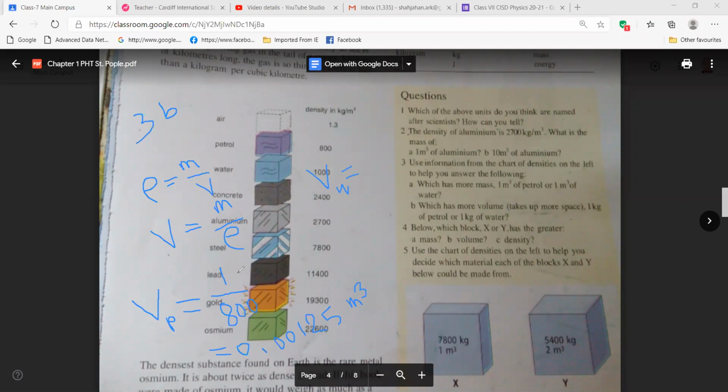Now we have the same equation for water. That is giving us 1 kg again, and the density is what? 1000 kg per meter cube. So 1 by 1000. And what is this answer coming? 0.001 meter cube.